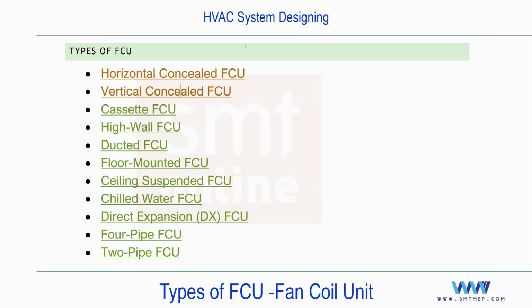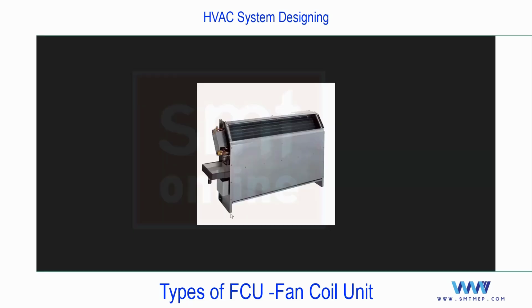The exact use of this vertical conceal FCU: in case there is no clearance above the false ceiling because of the interior requirement, we can use this one. Or else the below part will be below floor level. As you can see in the image, you can consider this as a floor level, or it can be used for double height areas. For example, consider a floor which is say 20 or 30 feet height.